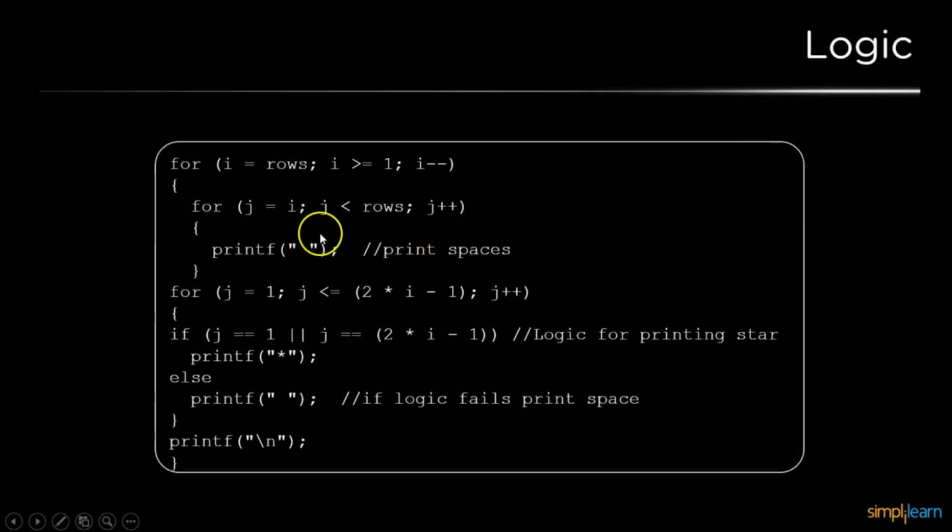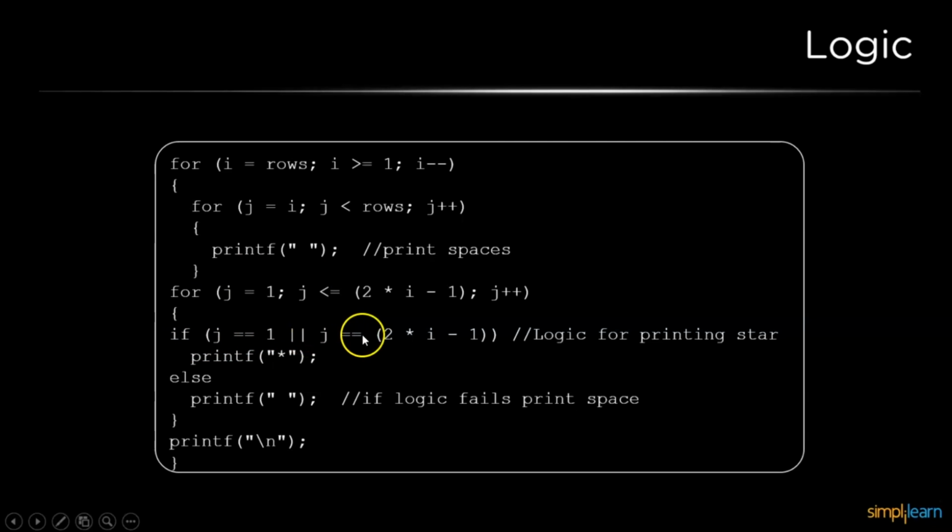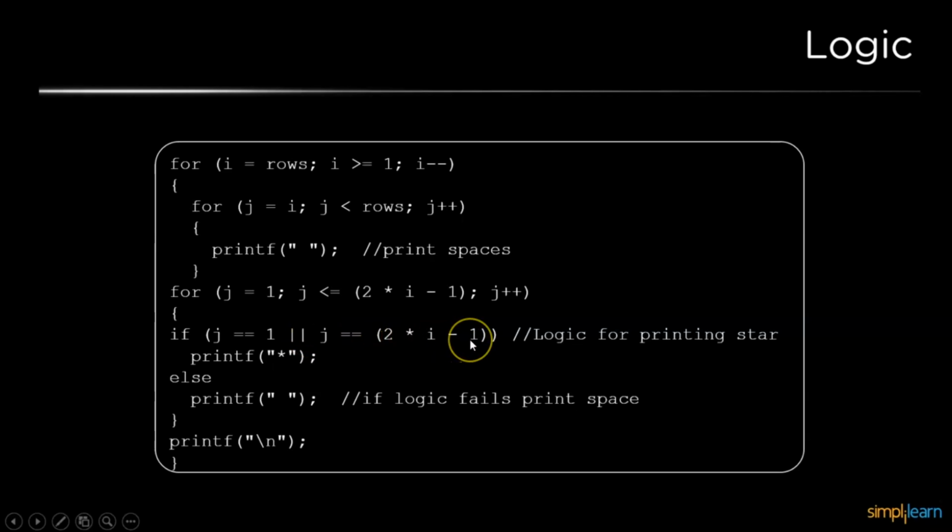Once the condition is not satisfied, it comes to the next for loop where j is equal to 1, and then it checks the condition whether 1 is lesser than or equal to 2 into i minus 1. If the condition is satisfied, it comes to the if condition where j is equal to 1 or j is equal to 2 into i minus 1. If the condition is satisfied, it prints the star, else it will print the space. If the condition is not satisfied, the control transfers to the new line.